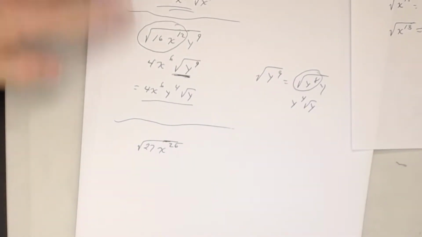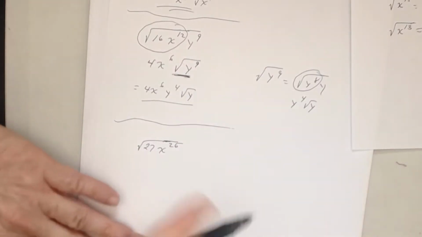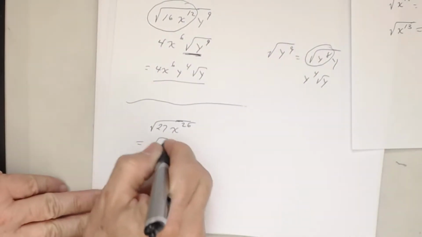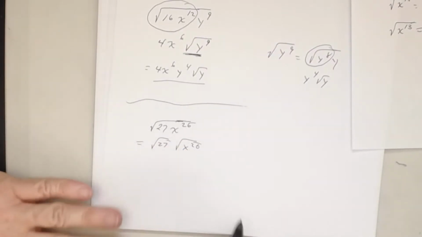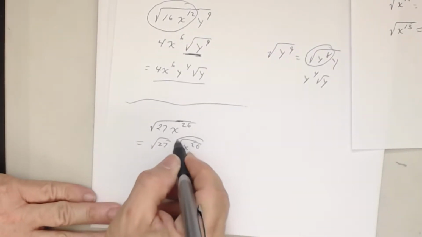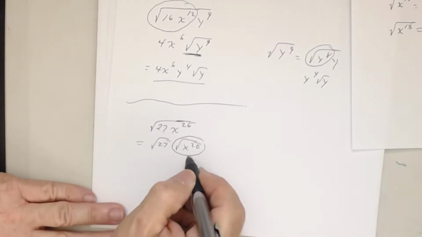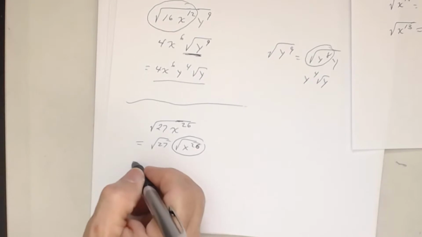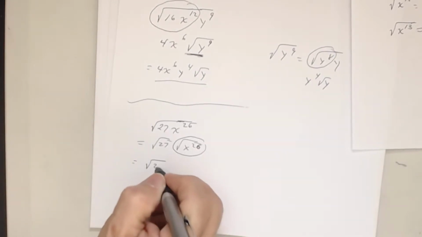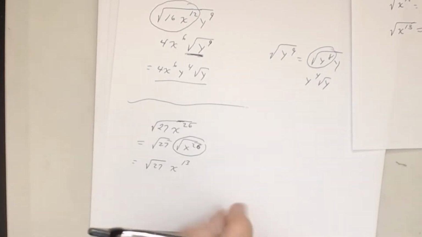Well, in the previous ones we did a while ago, those were all perfect squares, but is 27 a perfect square? No. But what perfect square goes into 27? 9. Now, if you want, you can rewrite this as the square root of 27 times the square root of x to the 26th. This one that I have circled is easy. What's the square root of x to the 26th? x to the 13th. So really I have the square root of 27 times x to the 13th, correct?